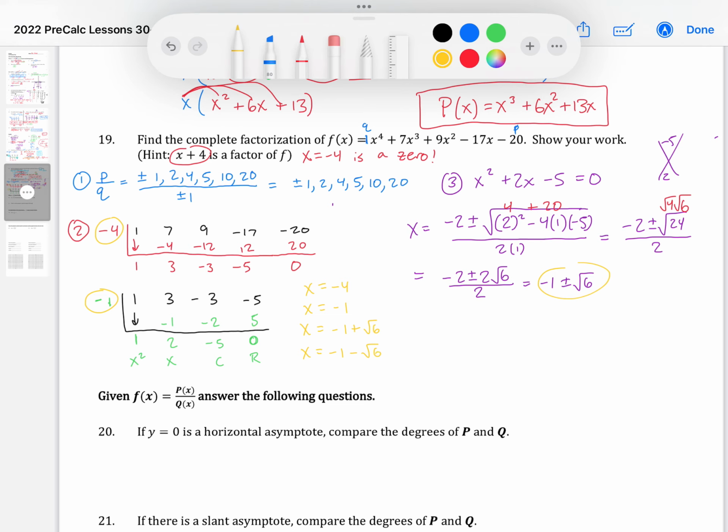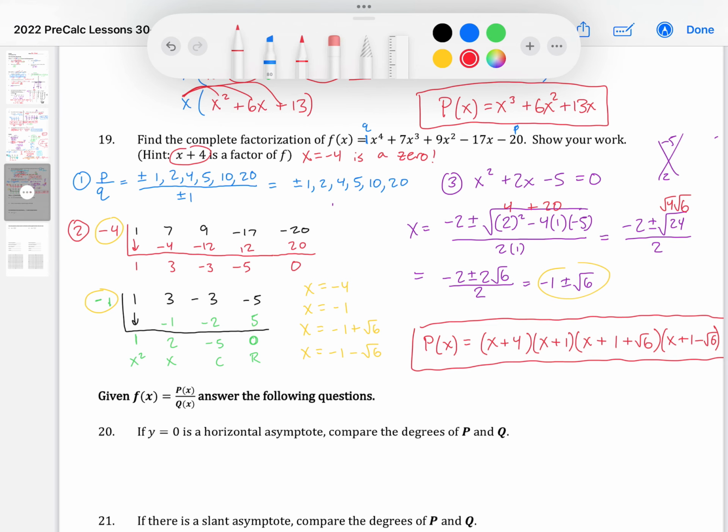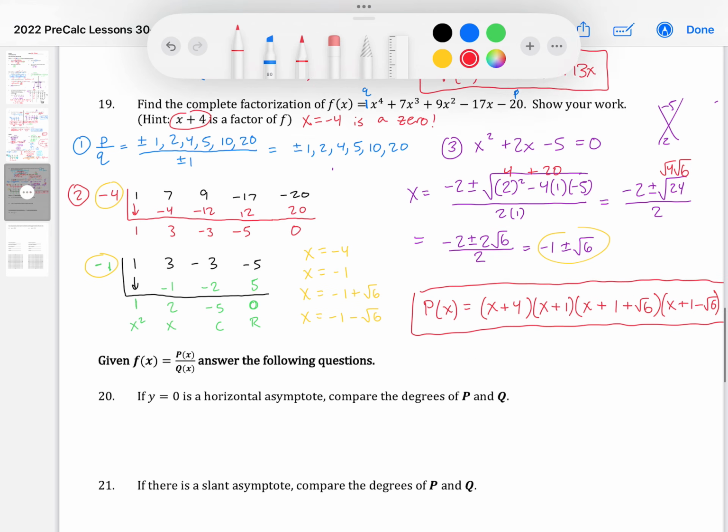So if we write our complete factorization, it's going to be p of x equals x plus 4, which we already knew was a factor, that was given, x plus 1, and then x plus 1 plus root 6, and x plus 1 minus root 6. So this is our polynomial completely factored using those zeros that we came up with.